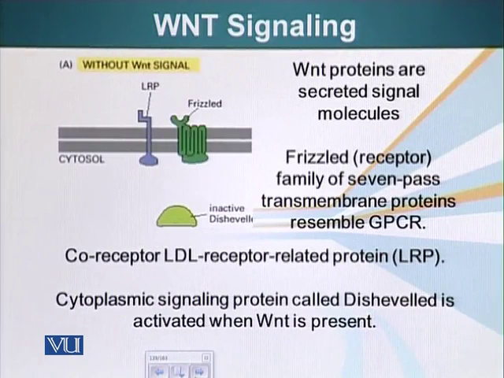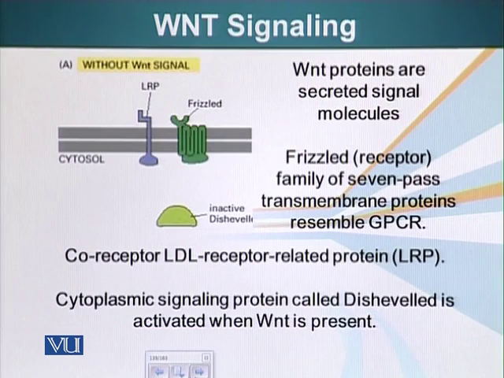The Wnt molecule is a signaling molecule. It is secreted and it binds its receptor. The receptor for this molecule also has 7 transmembrane segments and resembles the G protein coupled receptors that we have talked about. There's a co-receptor in this case, and this co-receptor is LDL receptor related protein, or LRP.